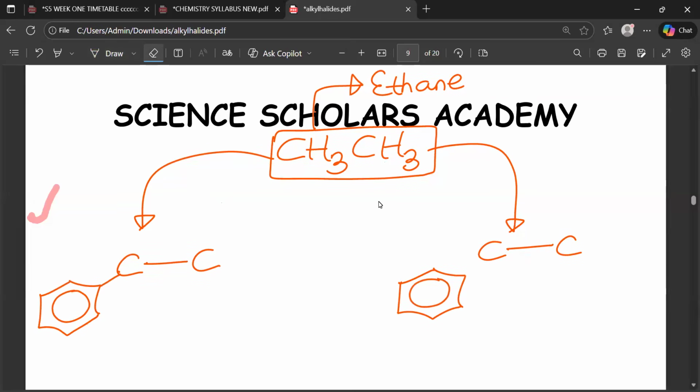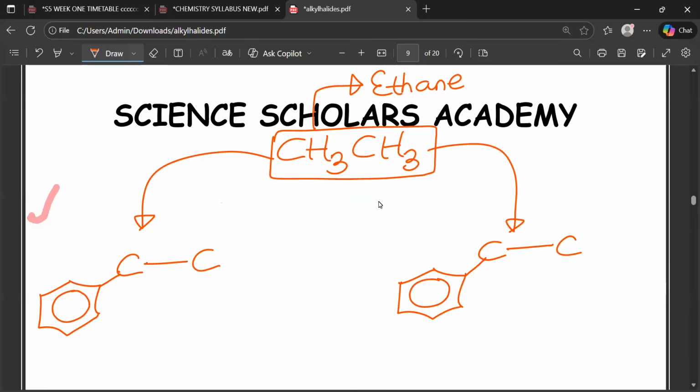The phenyl group is touching that what? That carbon. In both cases, it is touching that carbon. But the Br is going to different ones. And that's what makes it hard.